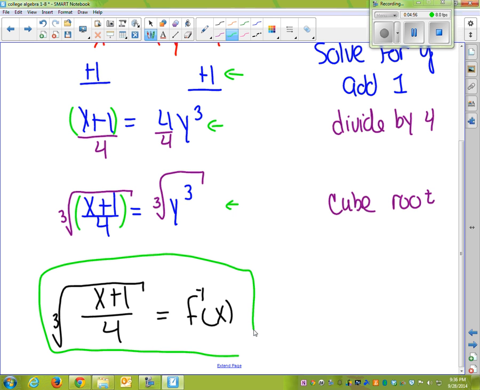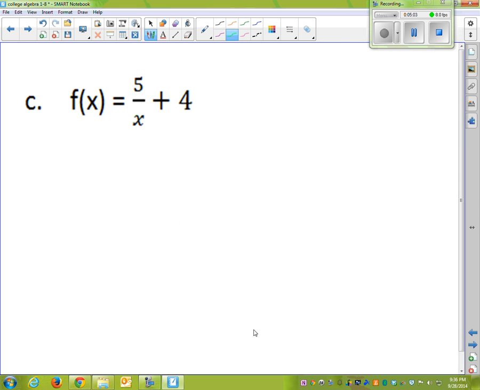Our next example, we're going to throw a fraction into the mix because I know everybody loves working with fractions, so I didn't want to leave it out. Step number 1, write in that y, and now let's switch the x and y.